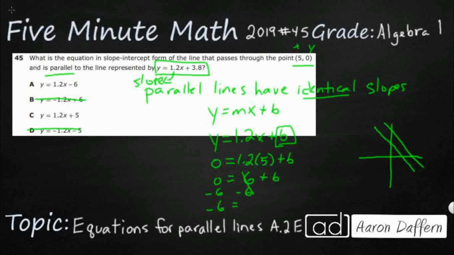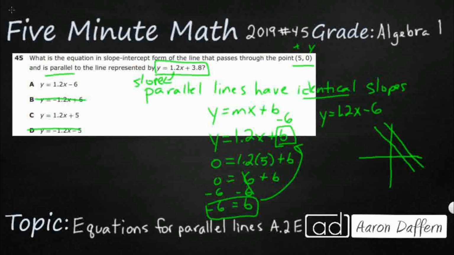Negative 6 equals b. Now, that doesn't give us our answer. We still then have to plug this back in up here. So it's going to be y equals 1.2x plus negative 6, which is the same as minus 6. All right, so we're looking at A.